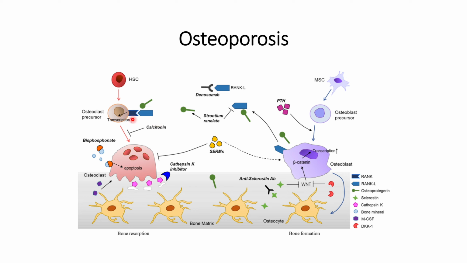When this RANKL signal attaches to the receptor of the osteoclast precursor, it leads to further differentiation of the precursor into the osteoclast, which can bind to the bone.